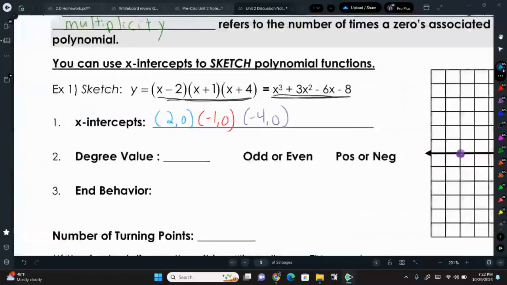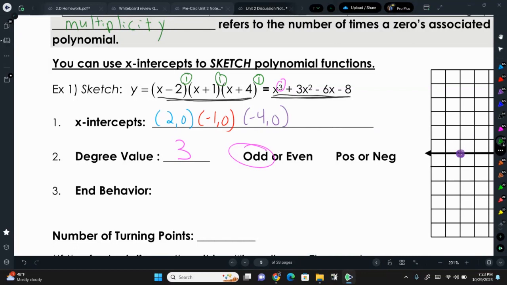Now the degree. We know that in standard form, the degree is the highest exponent. But in intercept form, we add up all the exponents, because there's an invisible 1 here: x minus 2 to the first power, x plus 1 to the first power, and x plus 4 to the first power. 1 plus 1 plus 1 is 3, which is our degree.